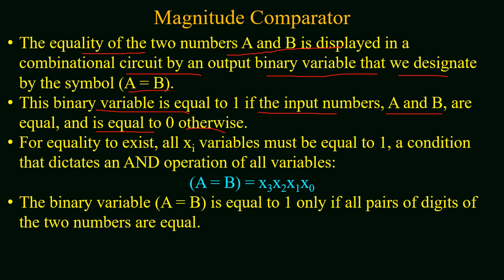Now for the equality to exist, all the xi variables must be equal to 1, and this is dictated by an AND operation of all variables. That is, the binary variable A equals B will be equal to the product of x3, x2, x1 and x0. The binary variable A equals B is equal to 1 if all the pairs of digits of the two numbers are equal.